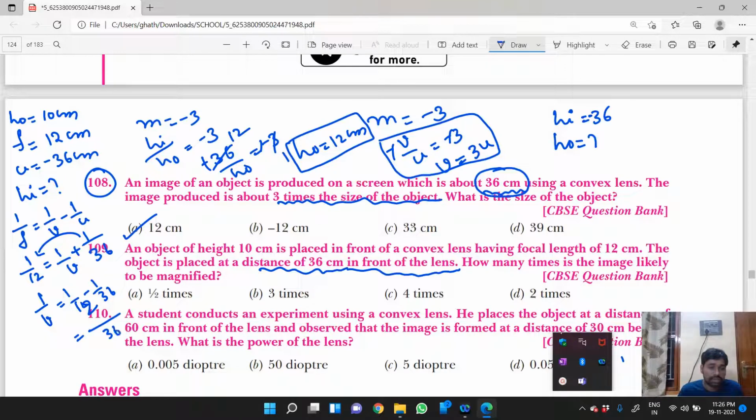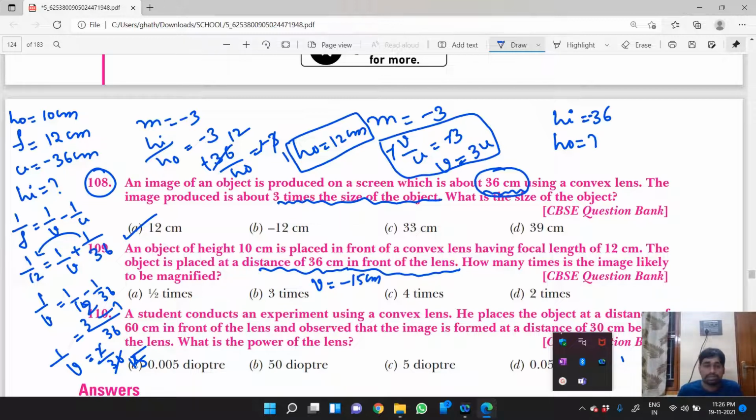LCM 36, 3 minus 1, 2 by 36, so we'll get the image distance.